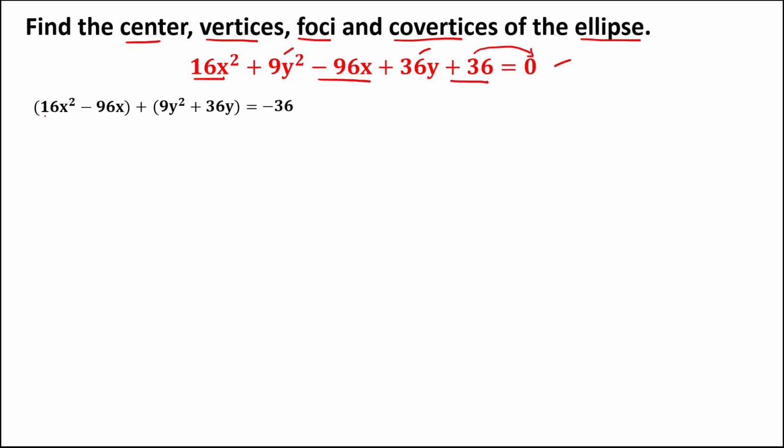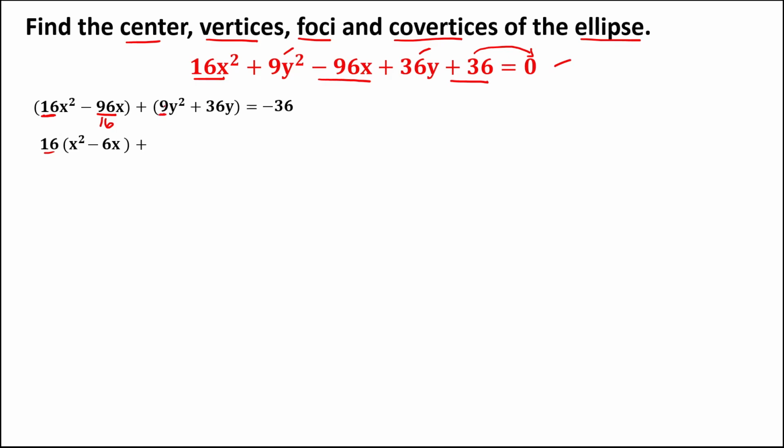This time, we put the coefficient outside. This one is 16, so the remaining is x squared, minus 96 divided by 16, so this one is 6x, then plus 4y.